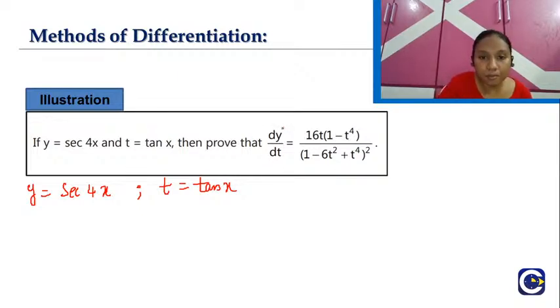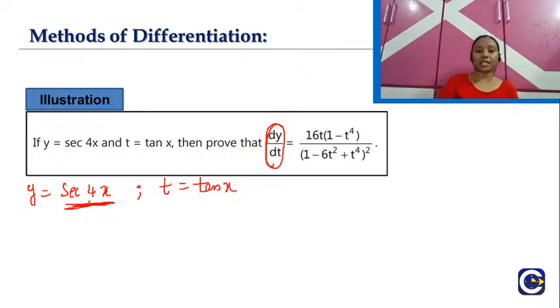If you observe here, we have to differentiate our y function with respect to the variable t. But our y function doesn't have a variable t.